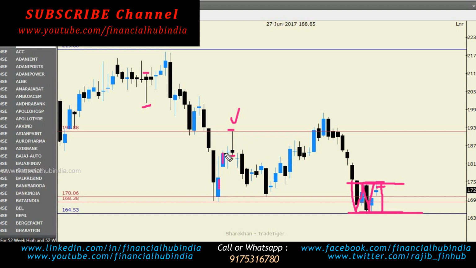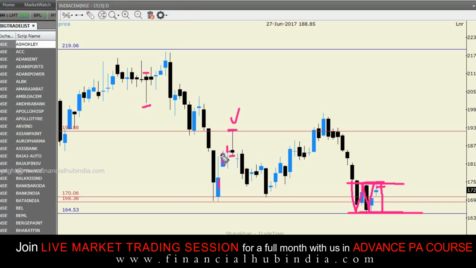It goes up, goes up, goes up, and it goes up right over here, and then the buyers couldn't handle the gains like they did in here, and this time it has fallen, which shows the weakness of the buyers and the overpowering of the sellers. So from the buyers, the control has moved to the sellers over here. The sellers have pushed the buyers towards the downside, and sellers took control here.